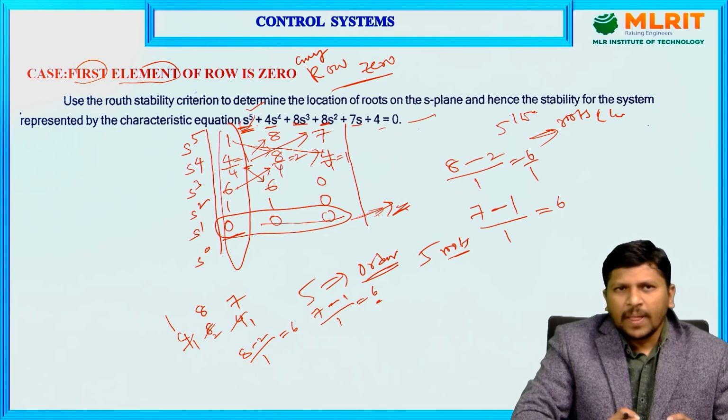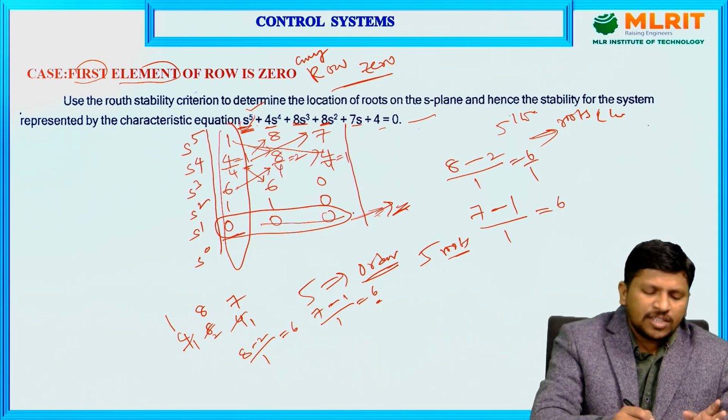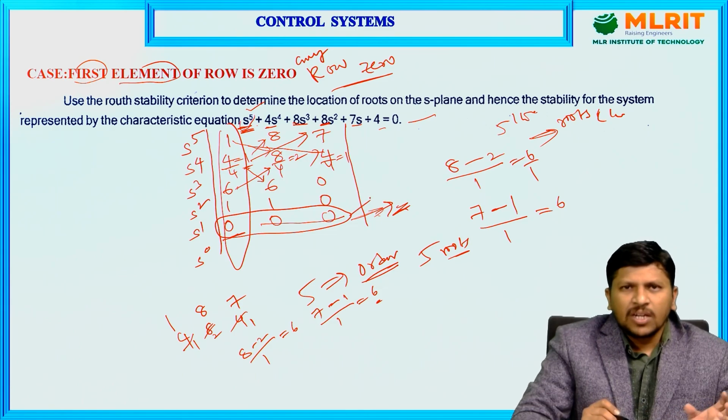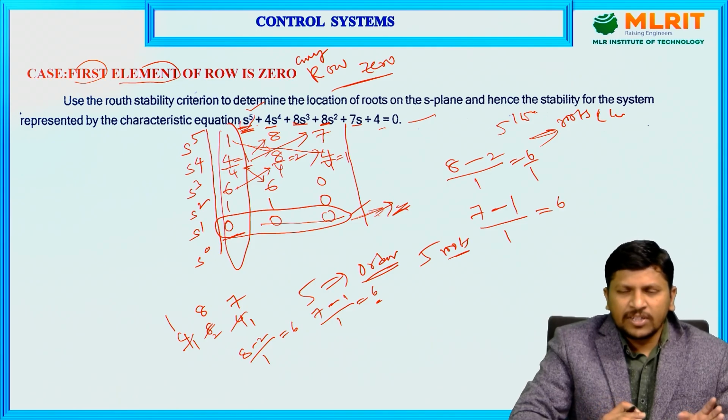It is based on the row elements. If any row elements are going to be 0, in that condition we are going to say simply. Or in the epsilon condition, the first element of any row is going to be 0. So that is the procedure to solve the two cases.